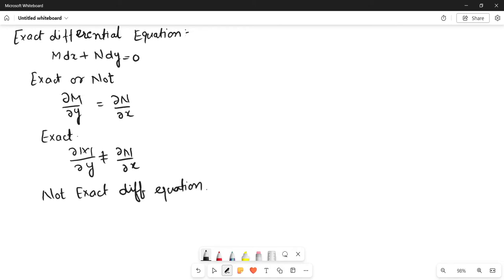So firstly we will start with: if the equation is exact, then how can you find a solution of an exact differential equation?